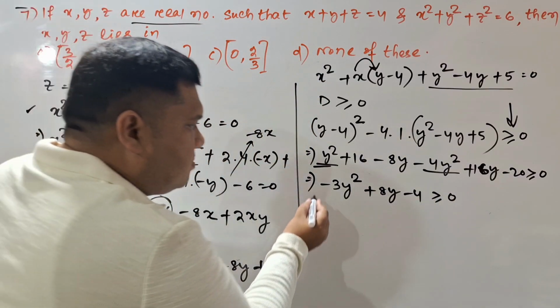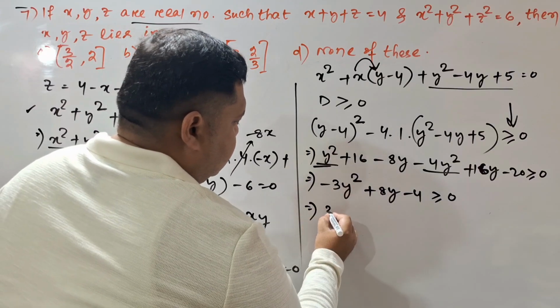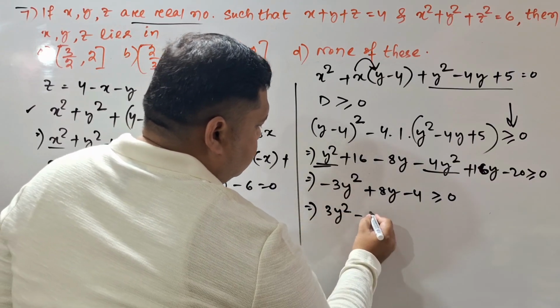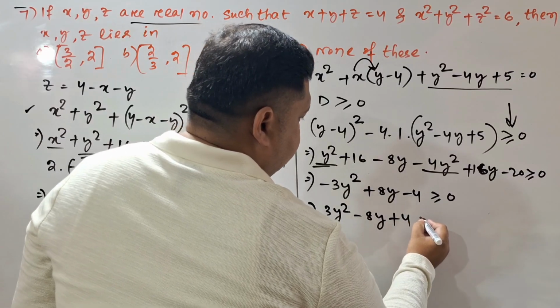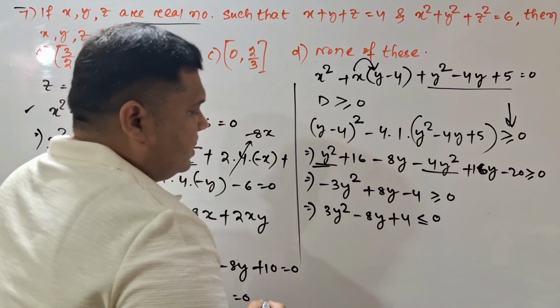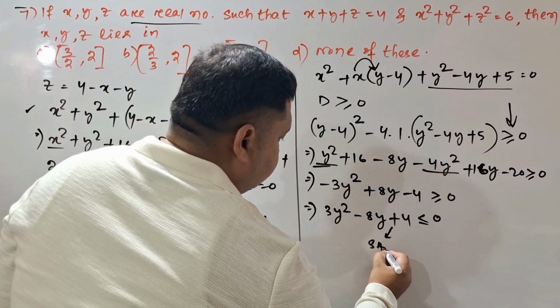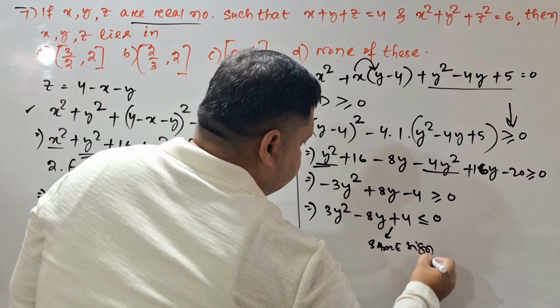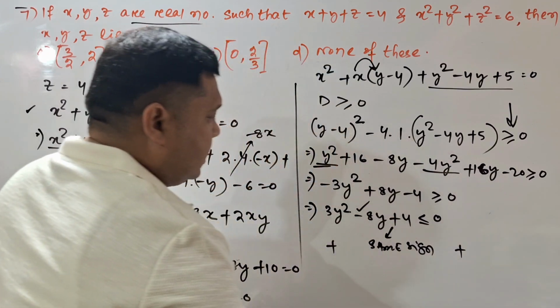Now suppose I multiply a negative sign on both sides, the inequality sign will change, and you can write 3y square minus 8y plus 4 less than or equal to 0. Now this is the quadratic equation. The plus indicates same sign, and the minus indicates both roots have positive sign.